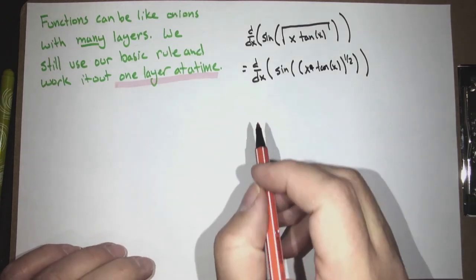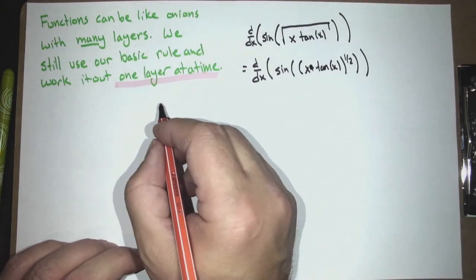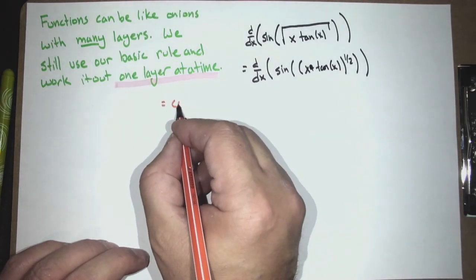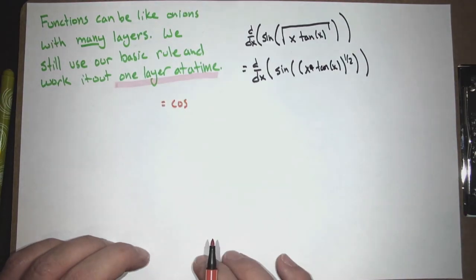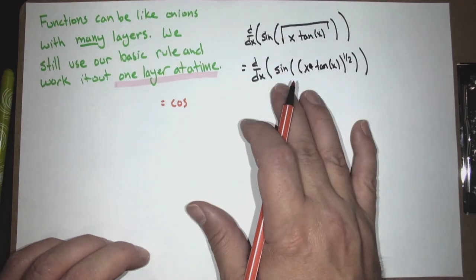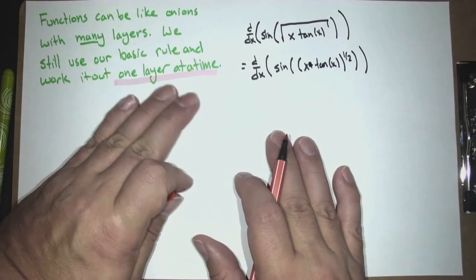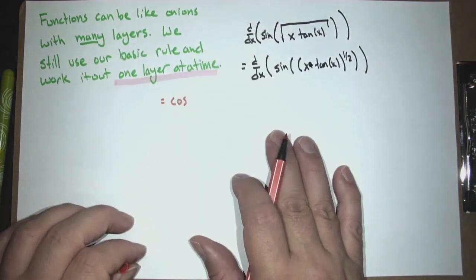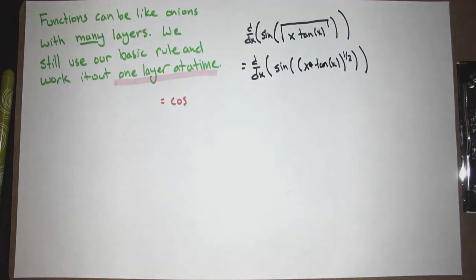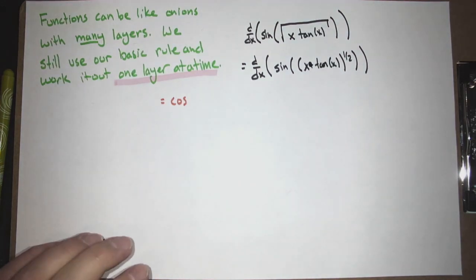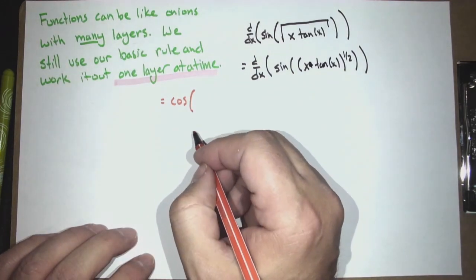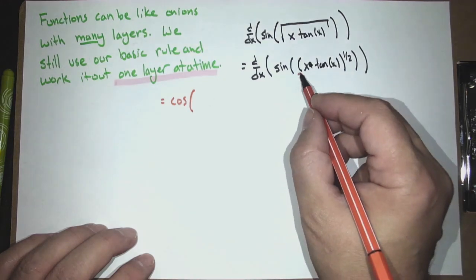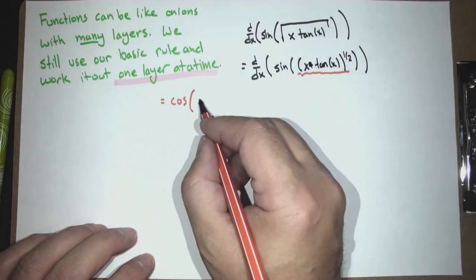So if we were doing this in slow motion, we write cosine, because the derivative of sine is cosine. Good. So take the derivative of the outside. What goes on the inside? All of the stuff that was in there originally.